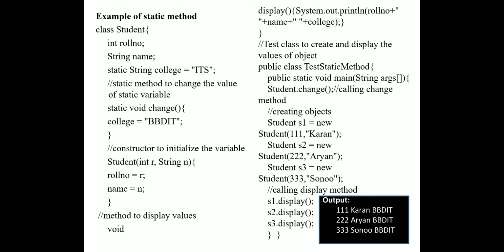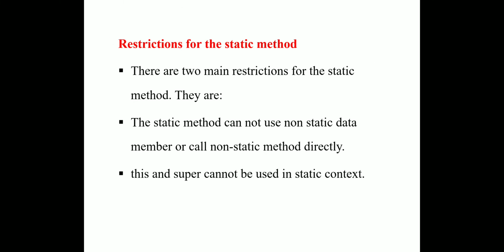I hope you all understand the example of the static method. Next, restrictions for the static method. There are two main restrictions. The static method cannot use non-static data members or call a non-static method directly.